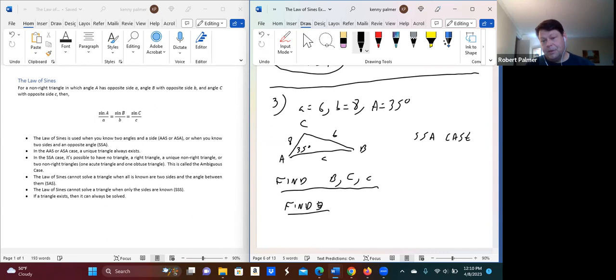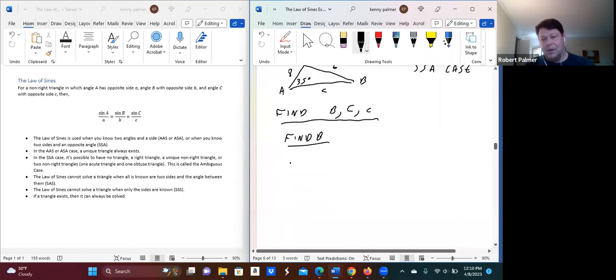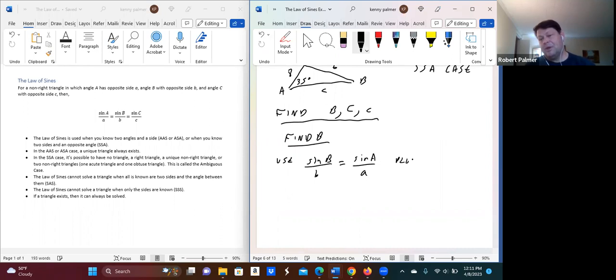Angle B, rather. So big B. And we'll use the law of sines, and we'll use side A, since that's what we know. The sine of angle B over side B is equal to the sine of angle A over side A. Once again, plug everything in.